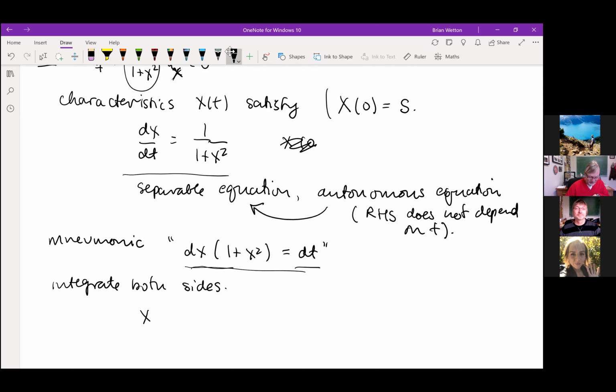And you get x plus x cubed over 3 is equal to t plus a constant. And this constant, you work out at t equals 0, where x should be s. And so this constant is s plus s cubed over 3.